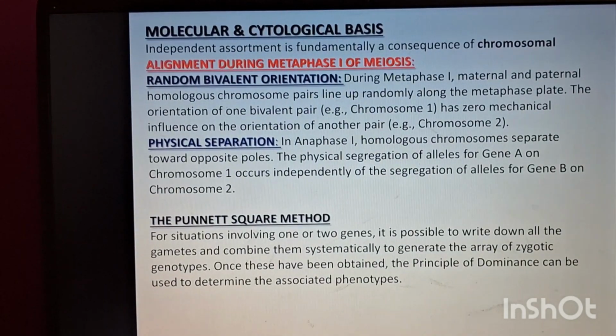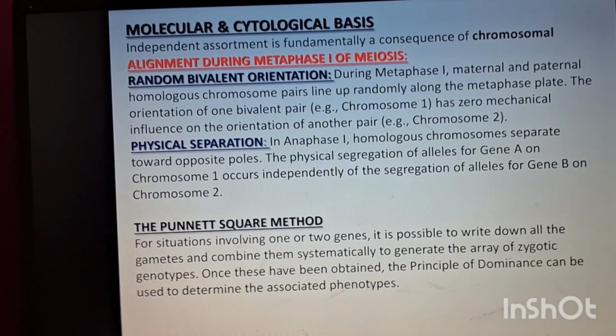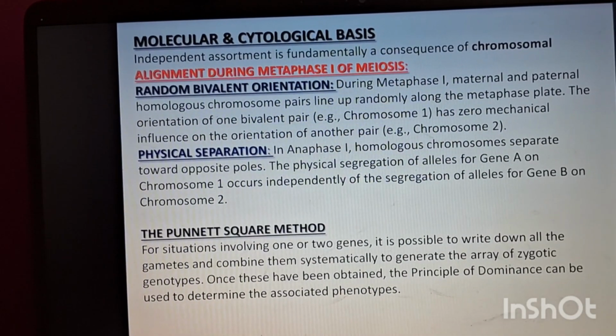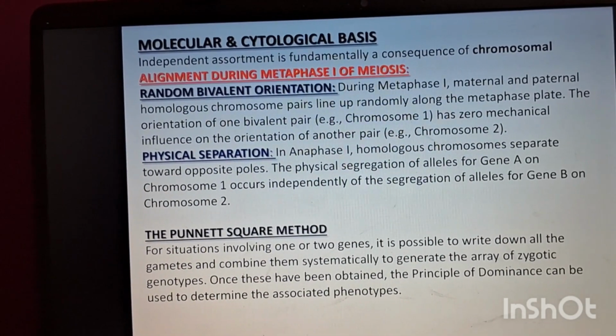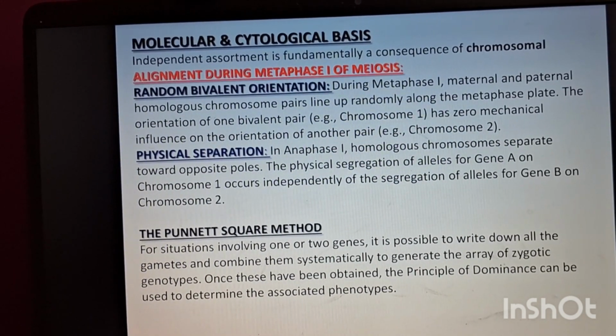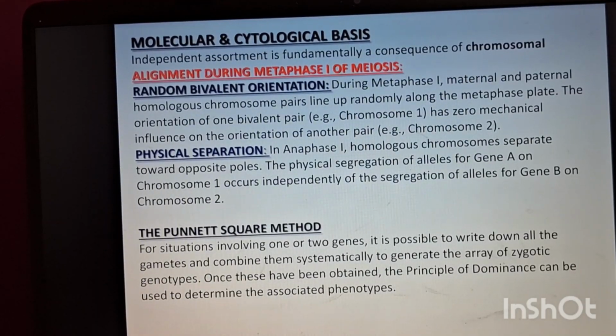Next, molecular and cytological basis. Independent assortment is fundamentally a consequence of chromosomal alignment during metaphase 1 of meiosis, random bivalent orientation. During metaphase 1, maternal and paternal homologous chromosome pairs line up randomly along the metaphase plate.